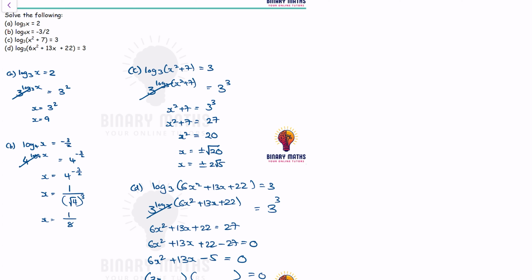By trial and error, I'm trying 3x and 2x. I want a positive 13x, which means I want a plus 5 here and a minus 1 here. So I get the minus 5, and I'll get 15x take away 2x, which is 13x, which means x is equal to a third, and x is equal to minus 5 over 2.